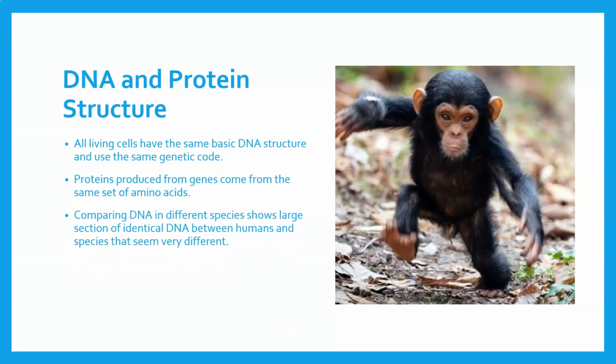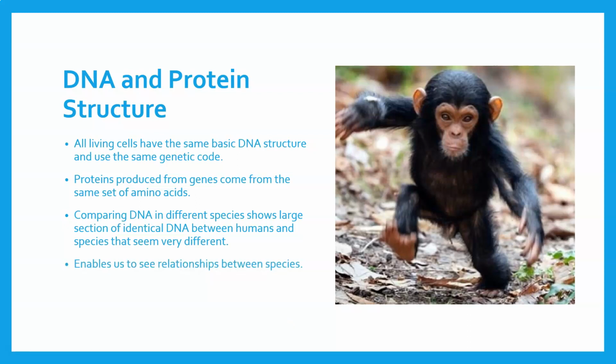Comparing DNA in different species shows a large section of identical DNA, say between humans and a species that they're very different from. So you see how DNA can be used as one of these items for evidence of evolution.